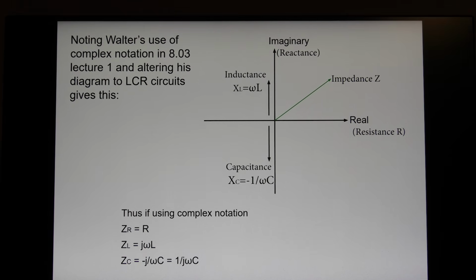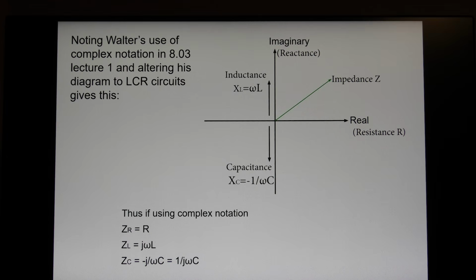And then the green arrow shows the impedance, which for any particular circuit is the combination of reactance and resistance. And that will be a complex number, usually a complex number rather than real or imaginary. Thus, if using complex notation, ZR, the impedance of a resistor, stays simply as R and is real.